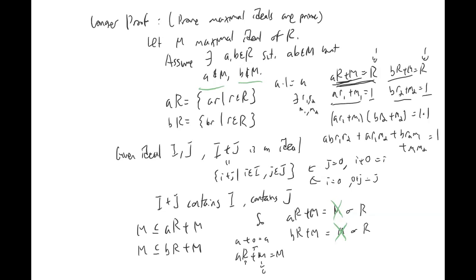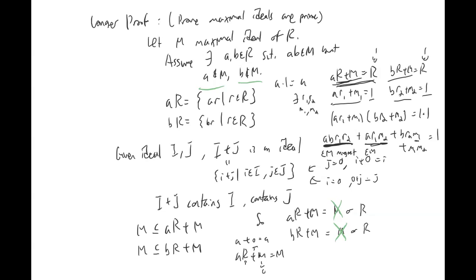But now we're done because we assumed AB was in M. So this whole term is in M by the absorbing property. Similarly, M2 is in M, so this term is in M by the absorbing property.